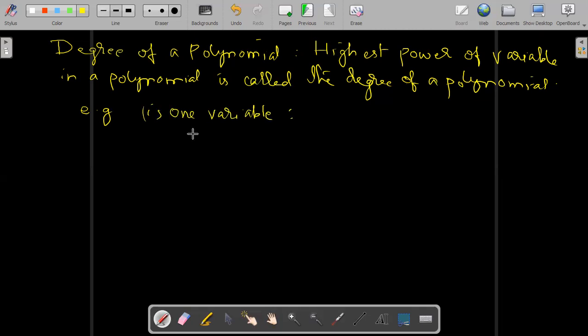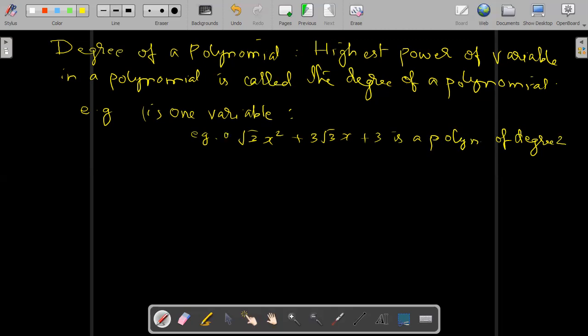For one variable polynomial, for example, root 3 x square plus 3 root 3 x plus 3 is a polynomial of degree 2, because the highest power of x is square.